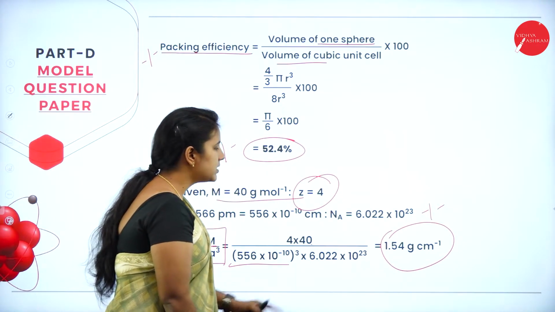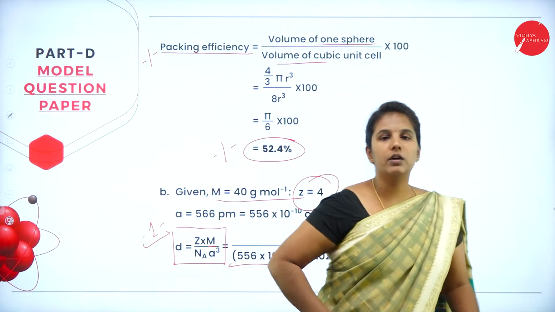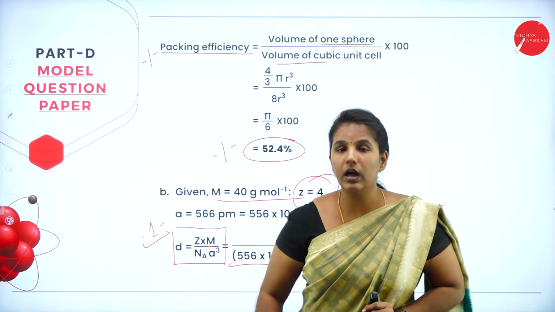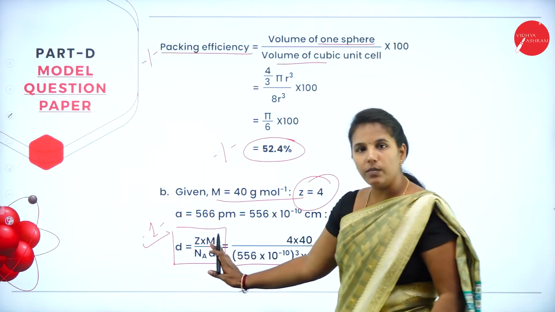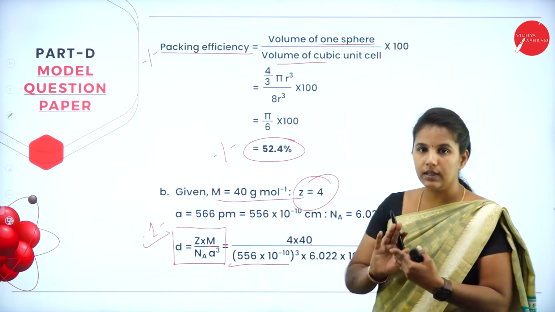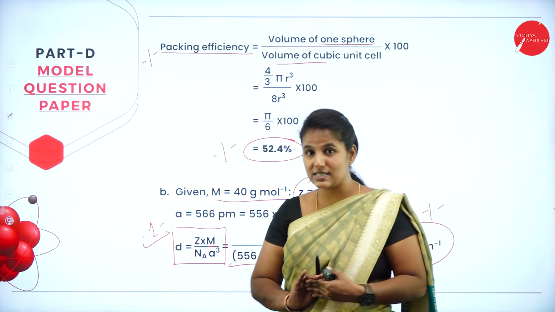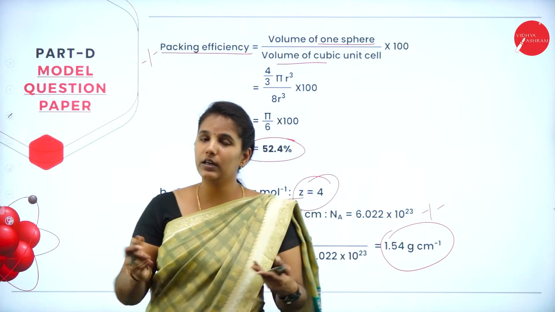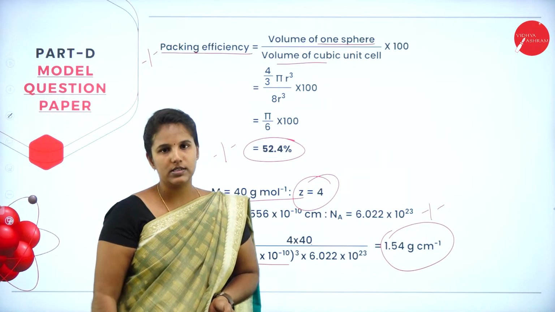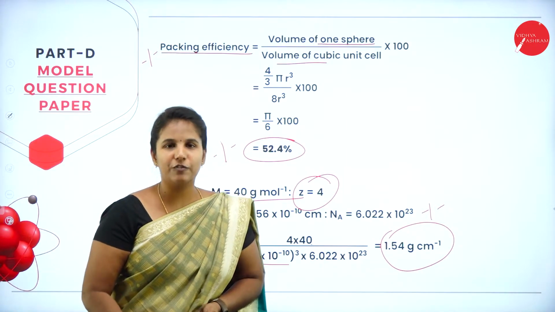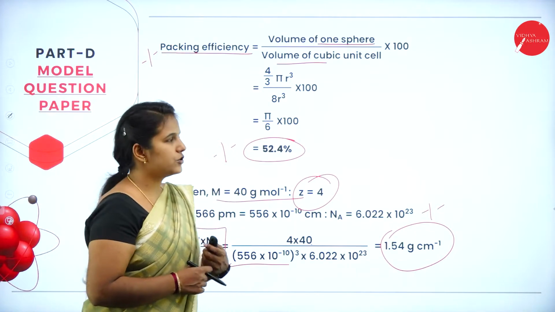If you solve this, you will get 1.54 gram per mole. This is how, if you write the formula, substitute the correct values as given in the numerical, and get the proper correct value, you'll get 1 more mark. Hope you all understood the first question. I'll go with the next question now.